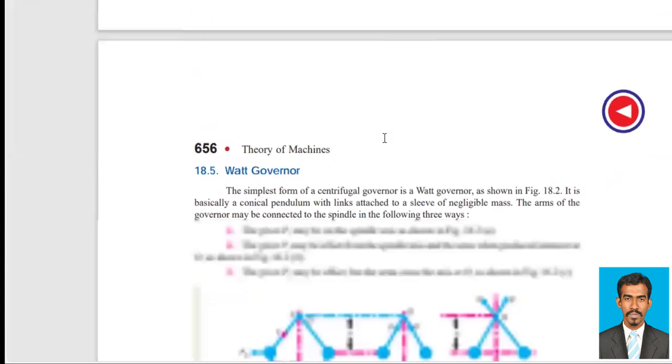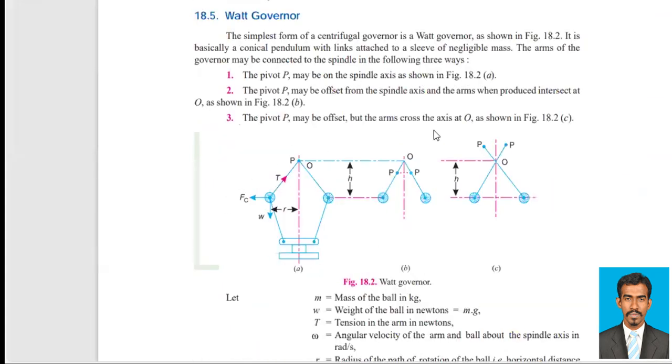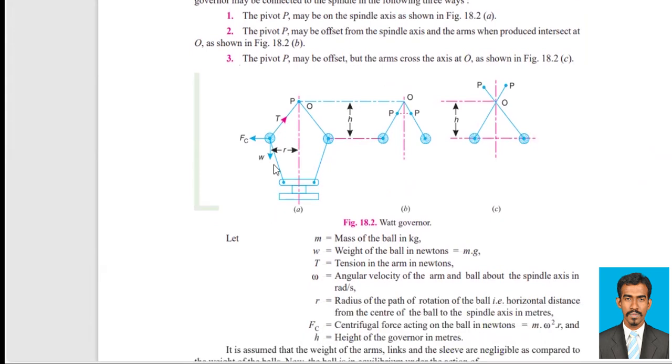These are a few terms, you can say the nomenclature, or the standard markings. The height we usually denote by h, and the radius between the ball and the shaft is r. The weight of the ball we write as W or mg.